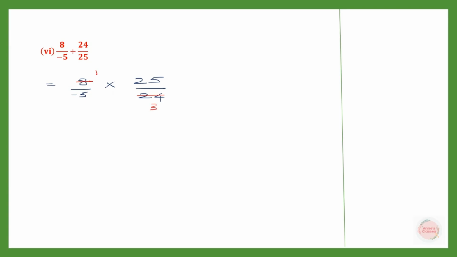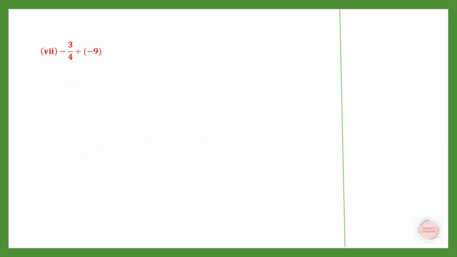We can cancel 5 and 25. 5 ones are 5, 5 5s are 25. Now multiply numerators and denominators. 1 into 5 is 5. Minus 1 into 3 is minus 3. We can also write this as minus 5 by 3. So our final answer here.